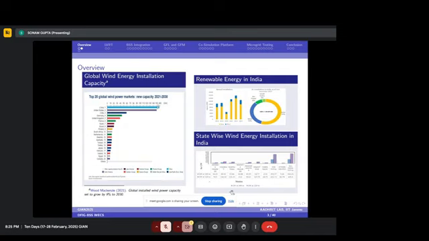Gujarat has the highest installation, 84.53 gigawatt at 100-meter height of wind turbine, and 142.56 gigawatt at 120-meter height.